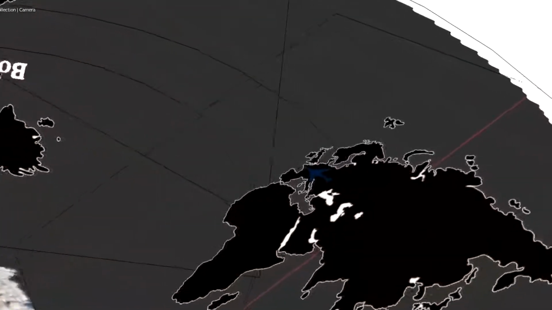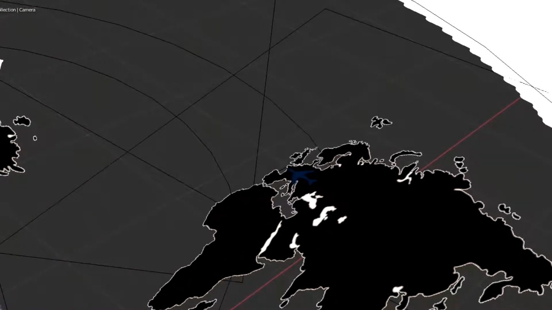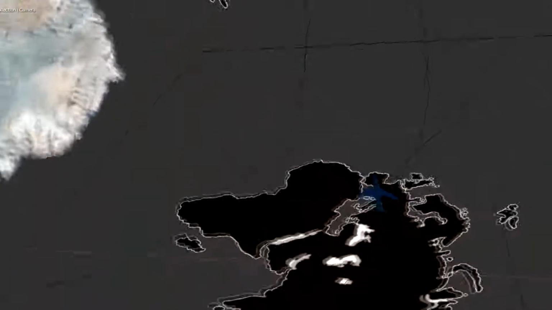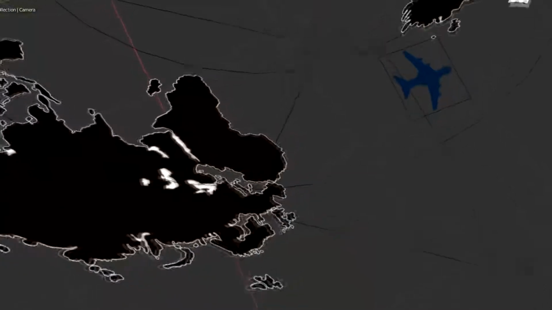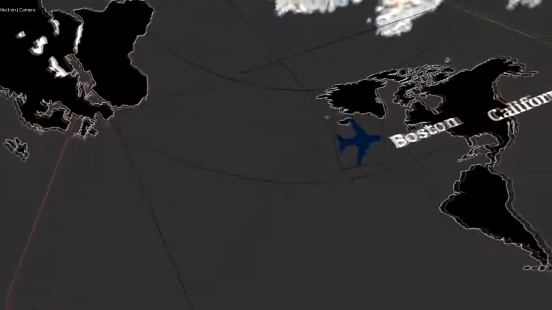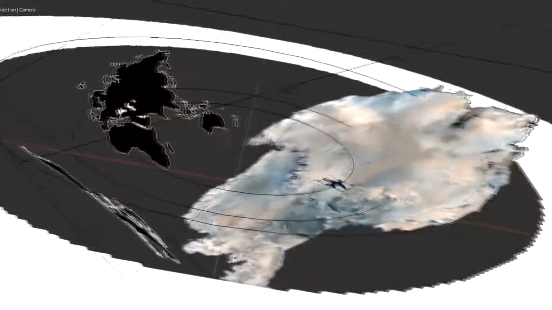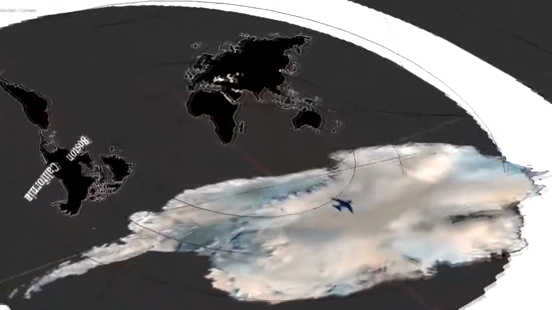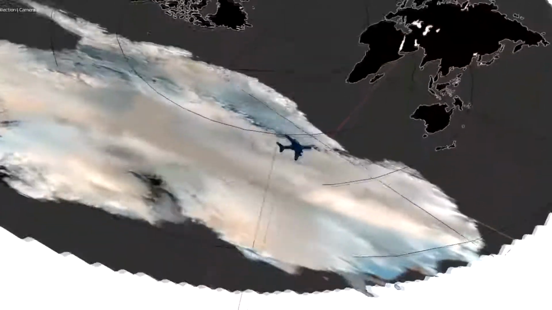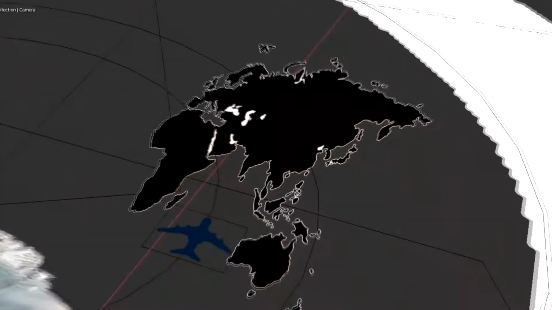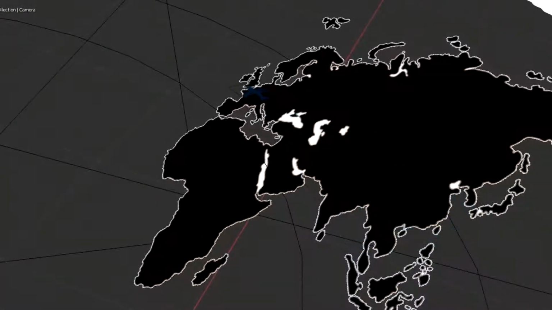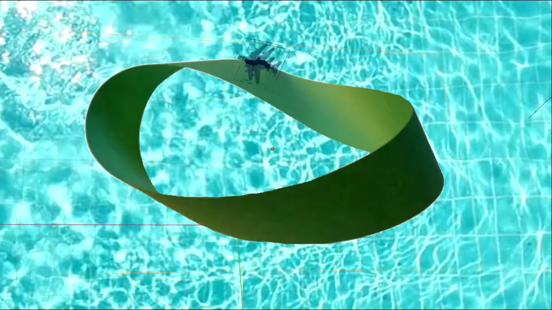Let me show it to you with a 3D view. So you take a plane in Brussels and fly around the world. So what have you been doing?